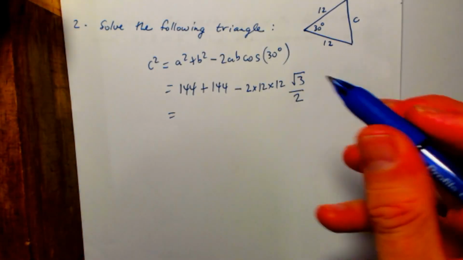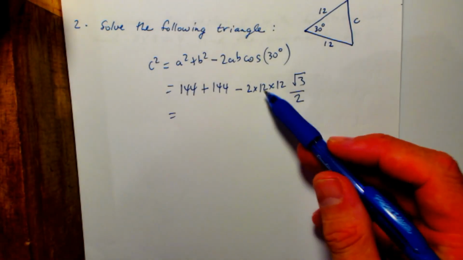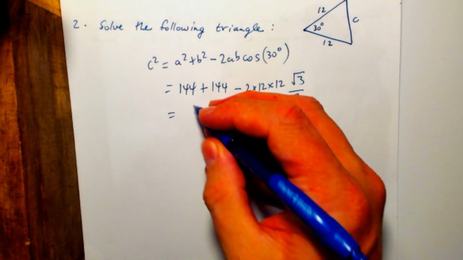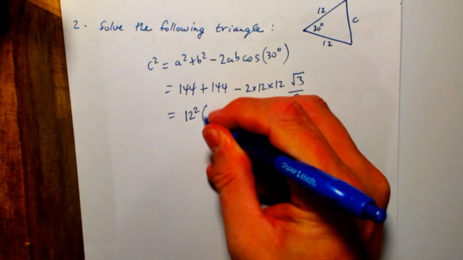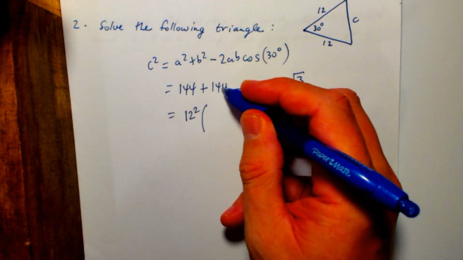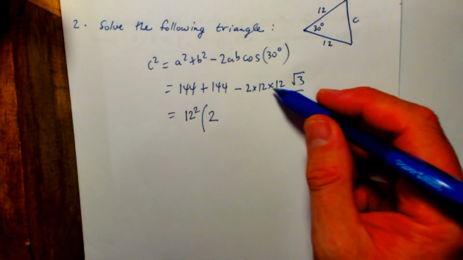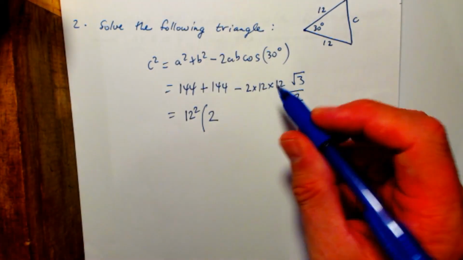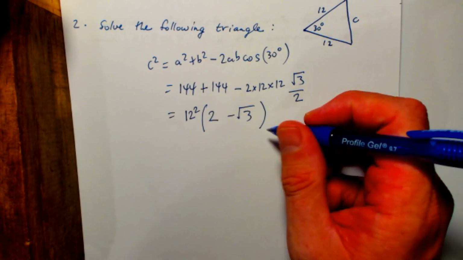Okay, so now we can simplify this. Now, we've got a 144 in there. Everything has a 144 common, so let's factor that out. 144 is 12 squared. So there are 2 of the 144s there. We can cancel the 2 here. That got factored out, so we've got 2 minus root 3 times 12 squared.